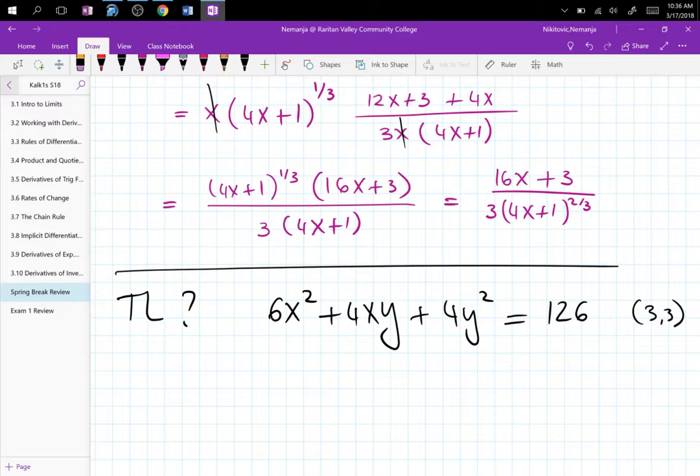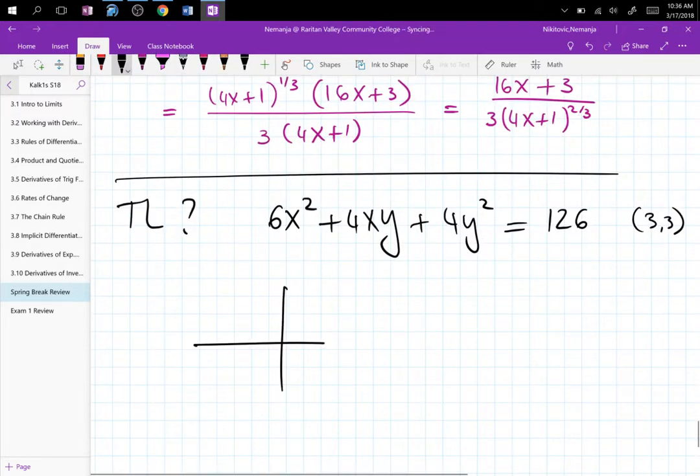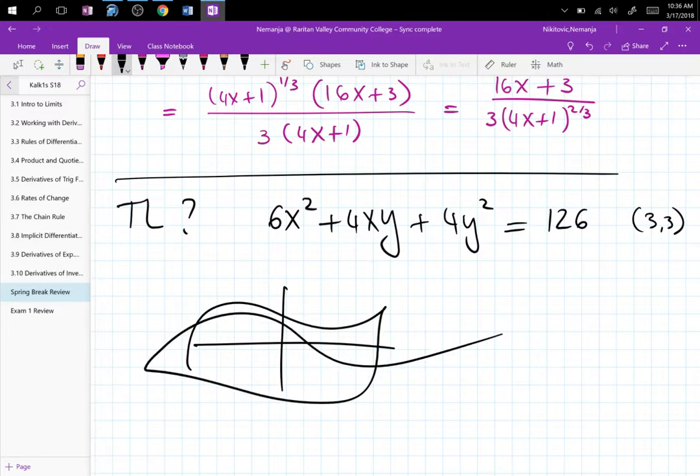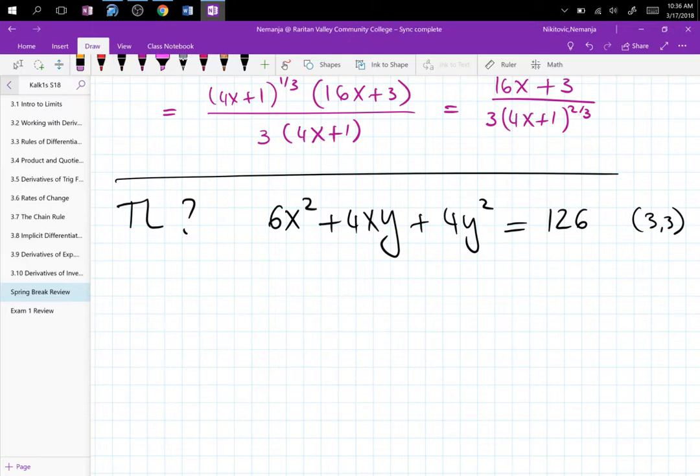So first of all, you should verify that (3, 3) is on this curve. That literally means that whatever this curve does, there is going to be a location that is (3, 3), and it's on that curve. If it's not, this whole thing can fail miserably. So by plugging in 3, you get 9, right? And you compute, and you should get 126.